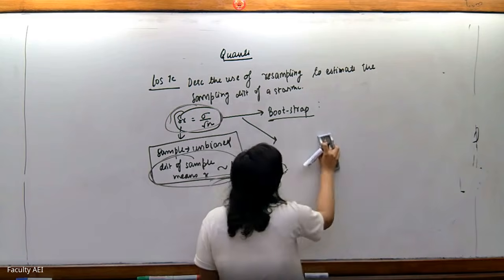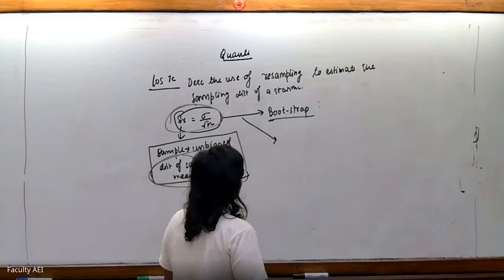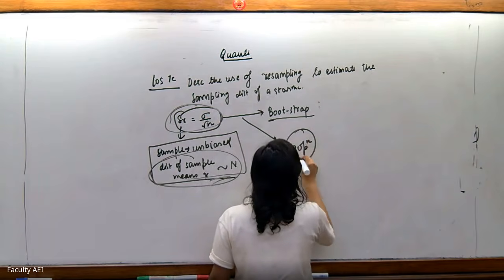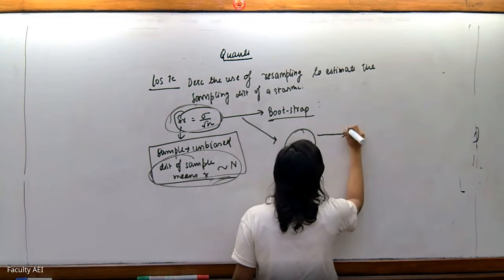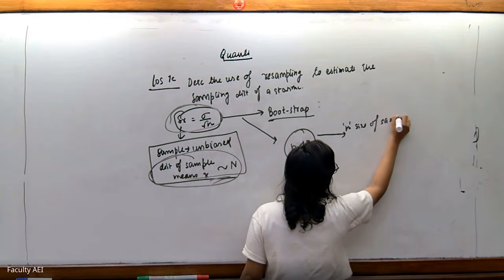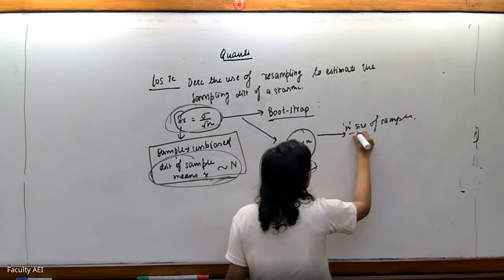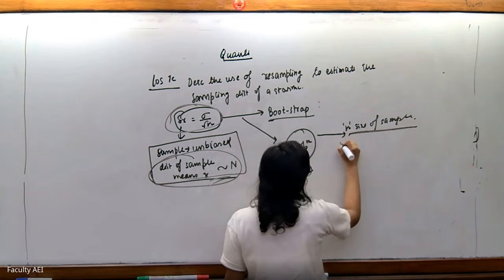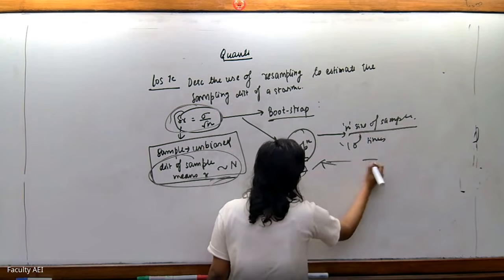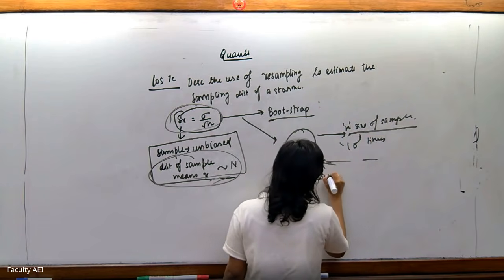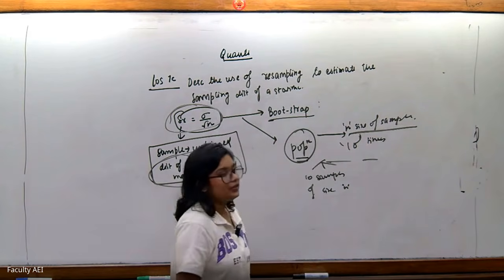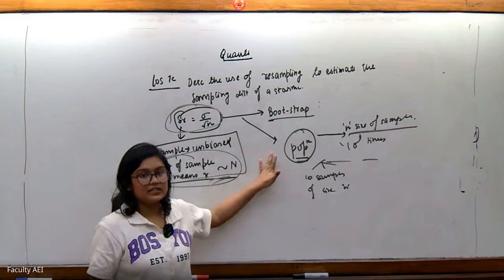You take your whole population, and from it you decide you want a sample of size n. You draw this sample of size n, let's say, 10 times. So you will have 10 different samples of size n, and then you can calculate the sample mean, standard error, and so on.